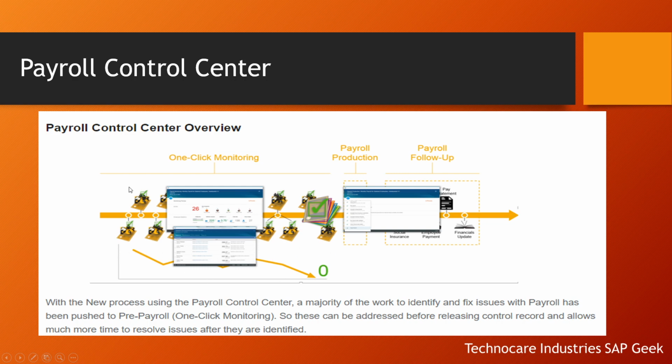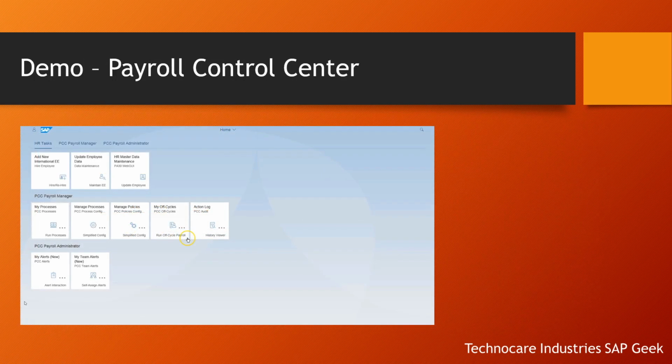So payroll administrators will have sufficient time to complete and fix all the alerts that the system has generated based on the policies triggered by the system based on the simulation payroll results. With that kept in mind, let us move on to a system demo of payroll control center.